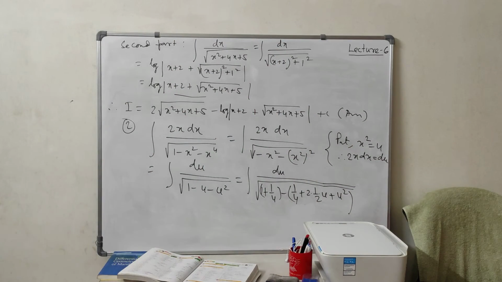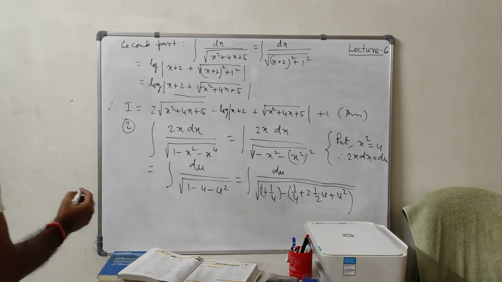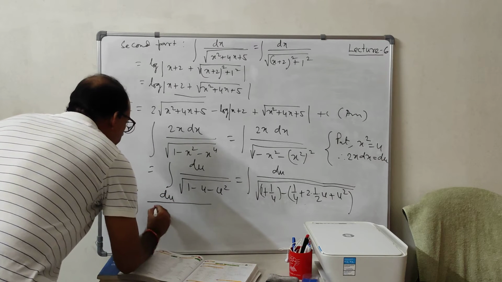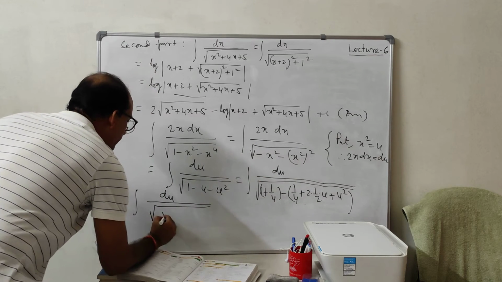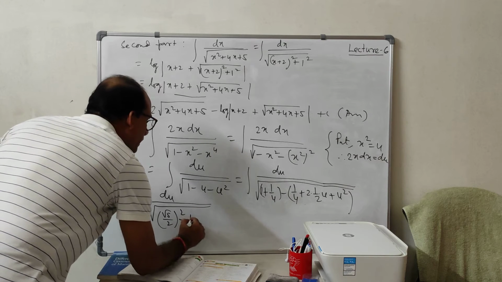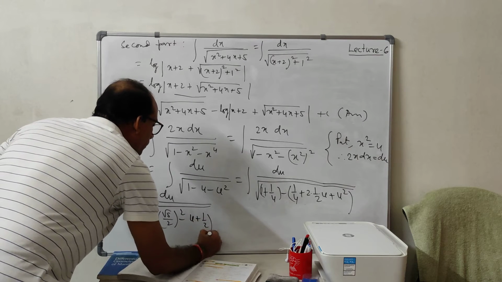See, okay, hope you noted it well. Next, integration du over root over of, this is 4 plus 1, 5, you may write root 5 by 2 whole square minus u plus half whole square.